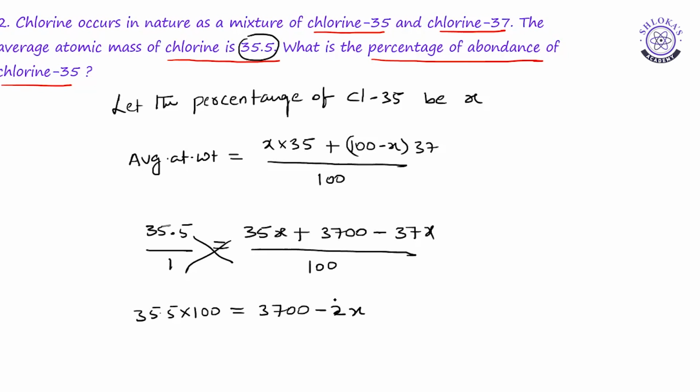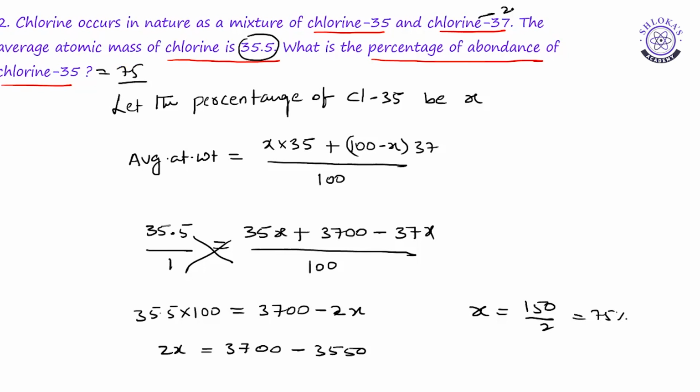If this minus 2x comes here and this total value goes to the other side, then 2x is equal to 3700 minus 3550. Now x is equal to 150 by 2, that is 75%. If the relative abundance is 75, what about the 37? It should be 25. That we have done.